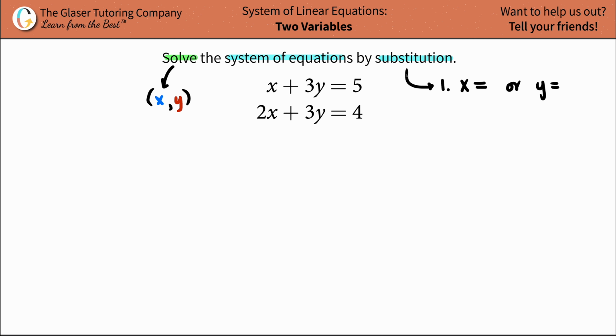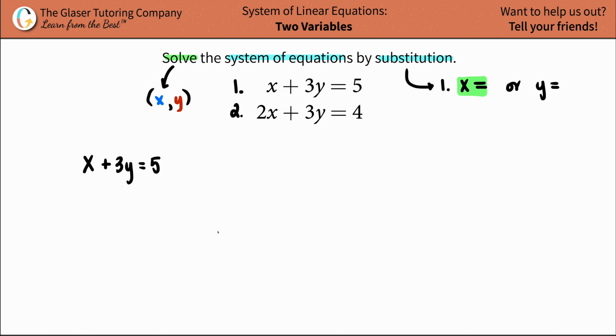We are going to, in this case, take this first equation and turn it into an x equals. Usually you're always going to want to pick the variable that has a 1 in front of it, right? Because then you don't have to divide by 2 or by 3. So we'll call this equation number 1, and equation number 2. We take equation number 1, which is x plus 3y equals 5, and we try to solve for x equals, which means I have to push all this other stuff to the opposite side.